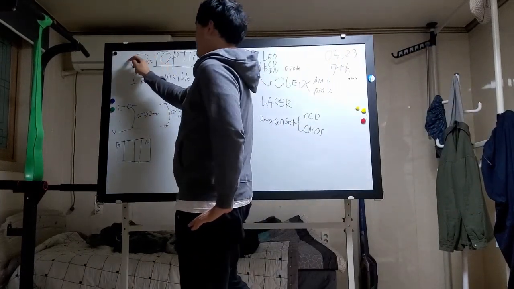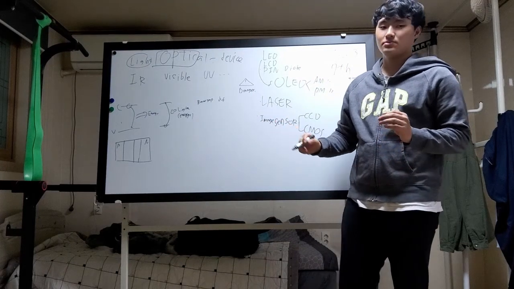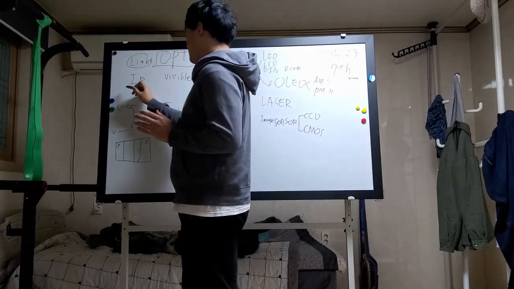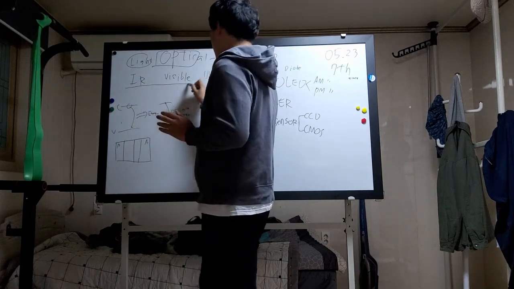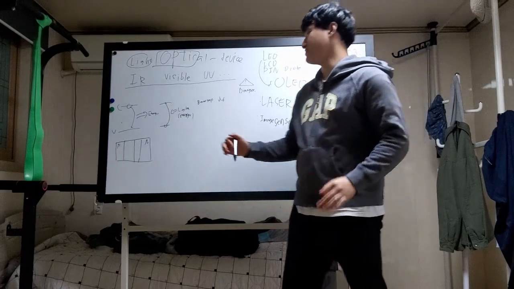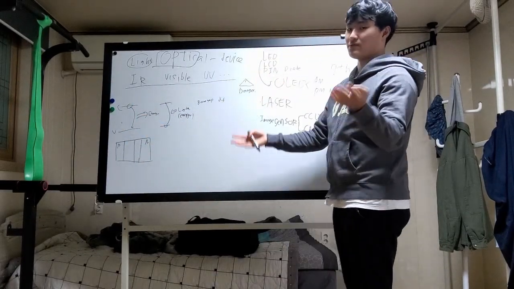So light is one of the species of energy. Let's guess, light has three big modes. First, infrared, which we cannot see with our eyes.